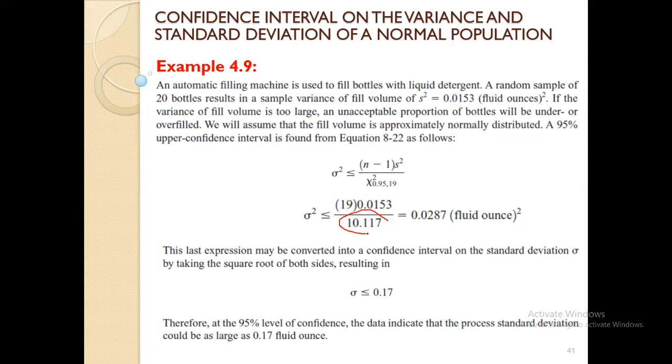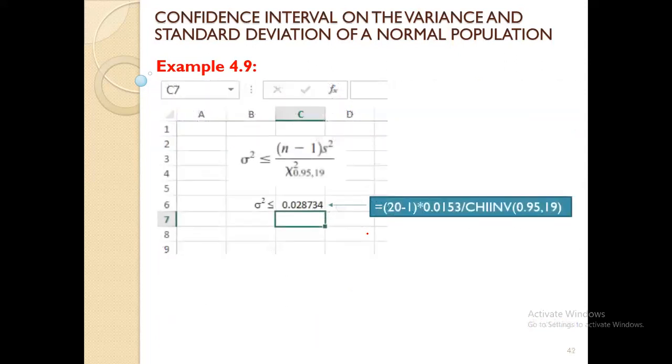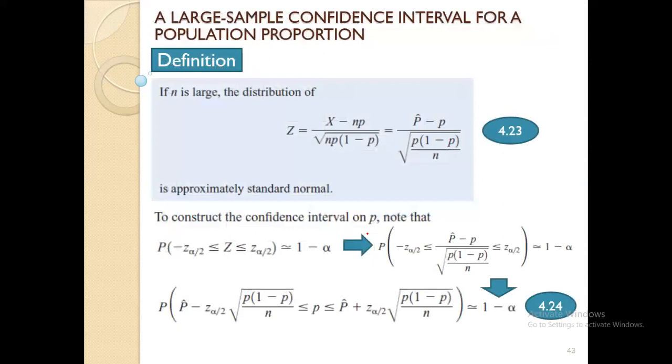And also I showed you how to calculate in Excel using the chi square inverse, CHISQ.INV. You know alpha, 1 minus alpha, and you know the degree of freedom. You can use the chi square.